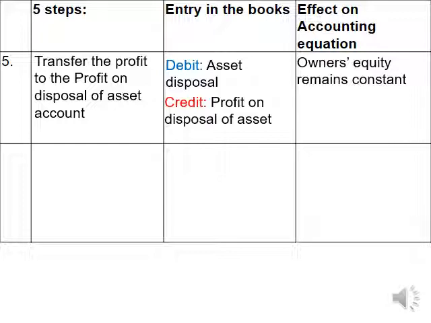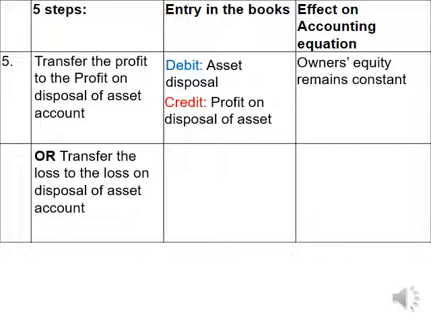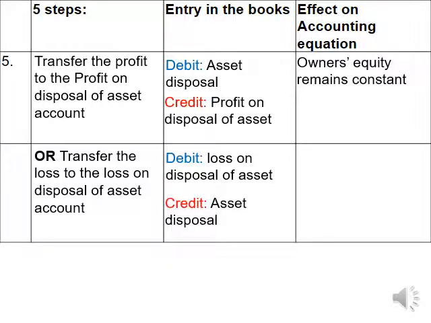It decreases with asset disposal and it increases with a profit on disposal of asset. And when we've made a loss, we have to transfer the loss to the loss on disposal of asset account by debiting the loss on disposal of asset, which is an expense, so owner's equity will decrease, and by crediting asset disposal, which is a nominal account, so owner's equity increases, in which case owner's equity will as well stay constant.